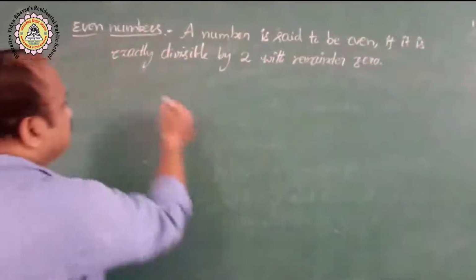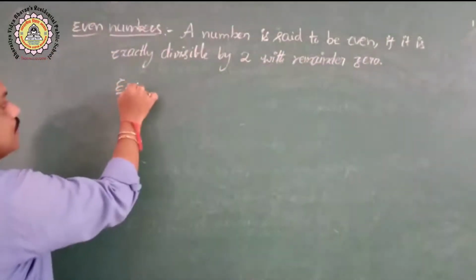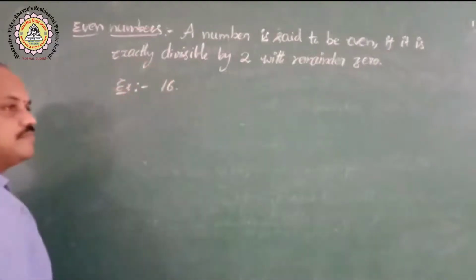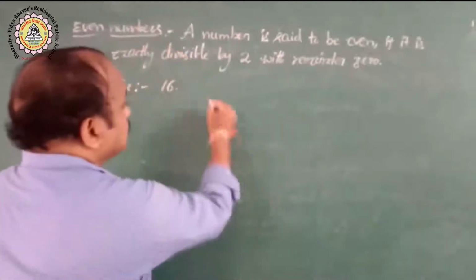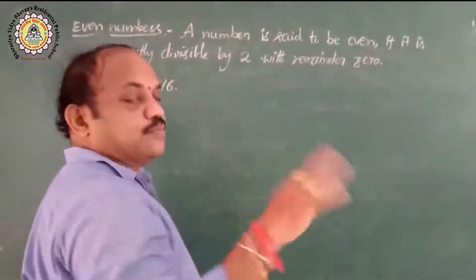For example, take 16. So 16 is our number. So divide 16 by 2.